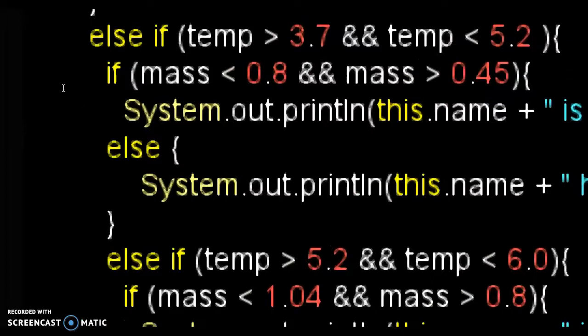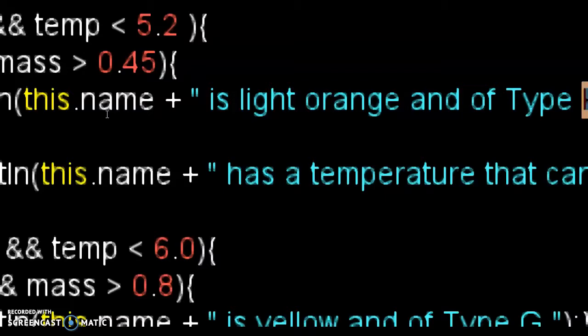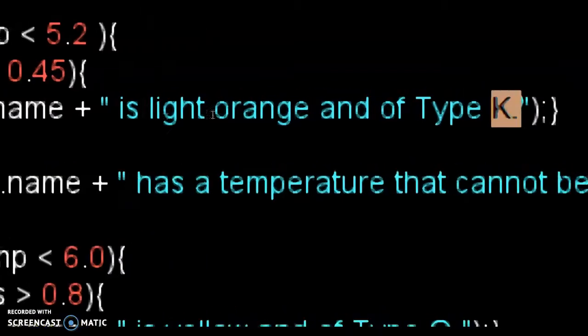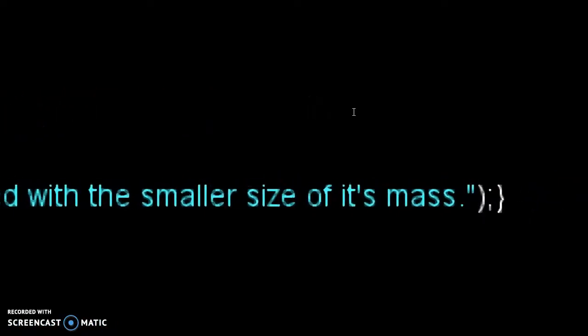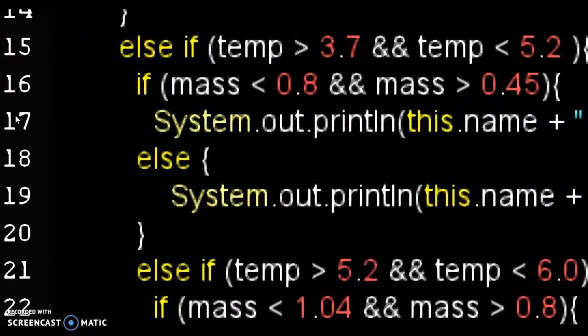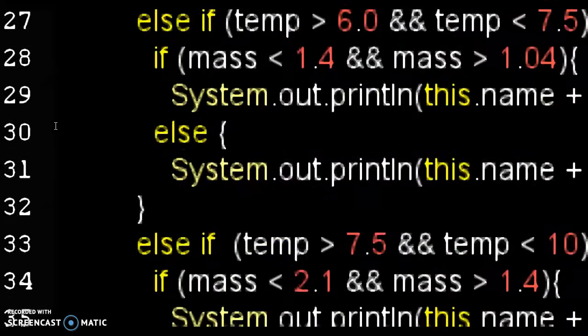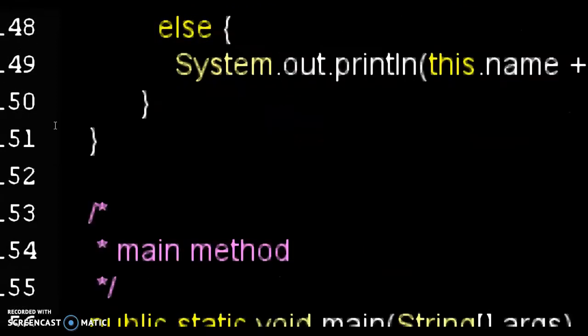However, if the mass is not in the correct range now, the system is going to print out this.name for the star has a temperature that cannot be classified with the smaller size of its mass, meaning that they do not line up for a specific classification. This format follows for each type of star that will be classified.